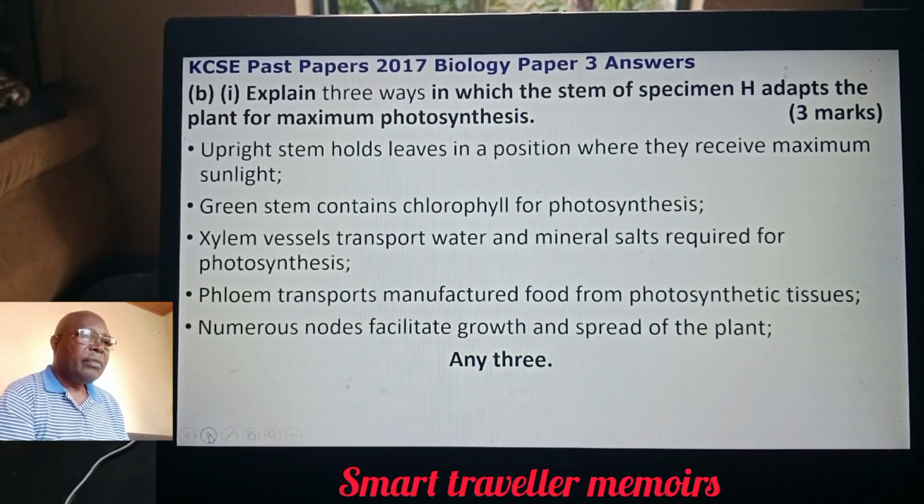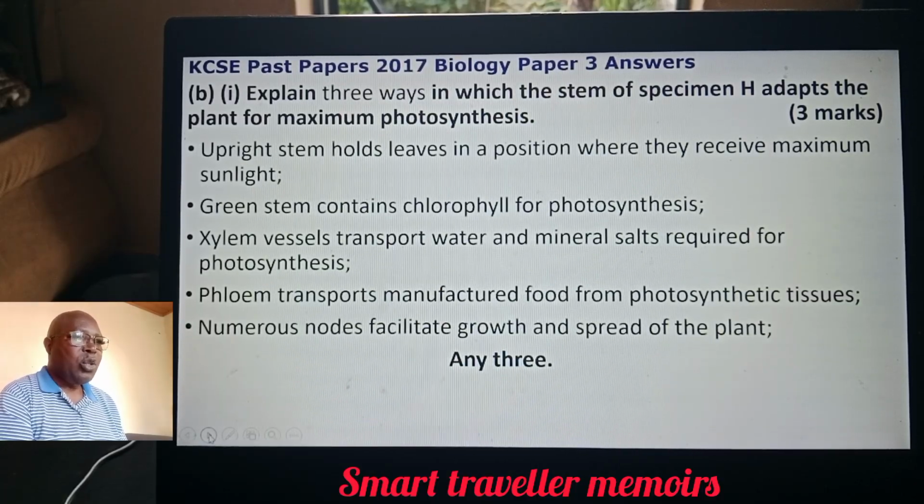B1, Roman. Explain 3 ways in which the stem of specimen H adapts the plant for maximum photosynthesis. The explanations are as follows. Upright stem holds leaves in a position where they receive maximum sunlight. Green stem contains chlorophyll for photosynthesis.